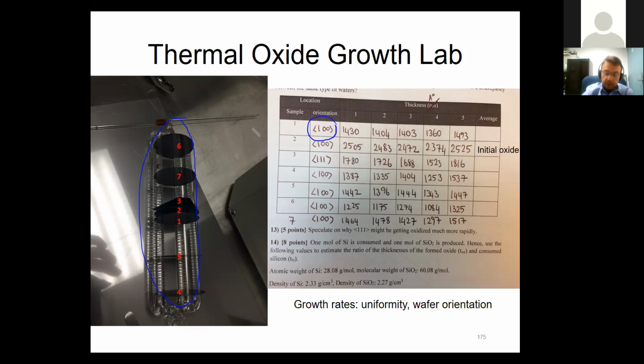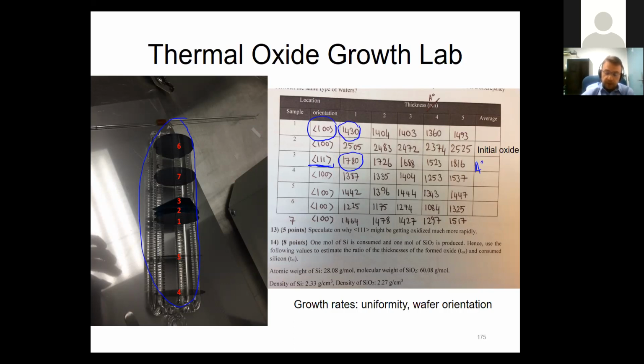You see 111 gave us a much thicker oxide, this is all in angstrom, so it's like 178 nanometers, as you can see. Comparatively, the 100 with fewer of those bonds available brought us like 0.14 micrometer.